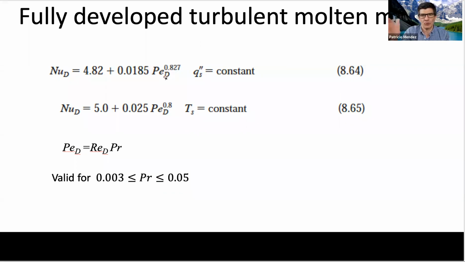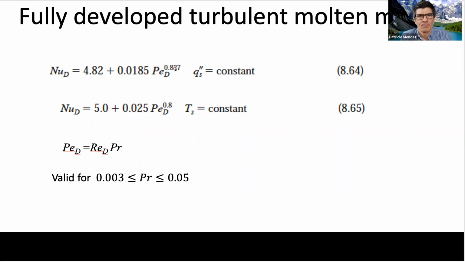It's the ratio of advection to conduction. But if we remember that Peclet number is by definition the same as Reynolds times Prandtl, we see that in this formula, we have a coefficient times Reynolds to the 0.8. And guess what? Turbulent flow, Reynolds to the 0.8. And then we have Prandtl also to the 0.8.